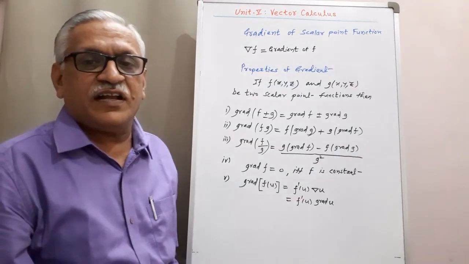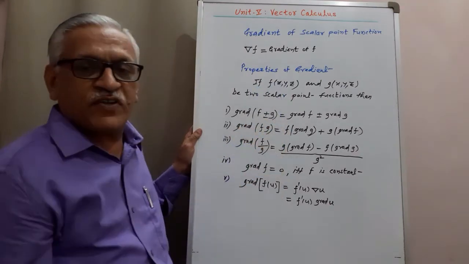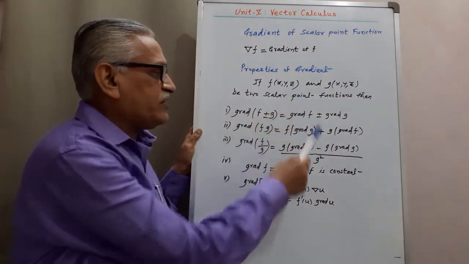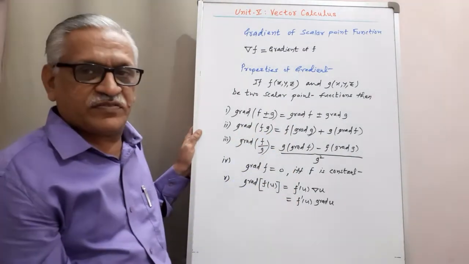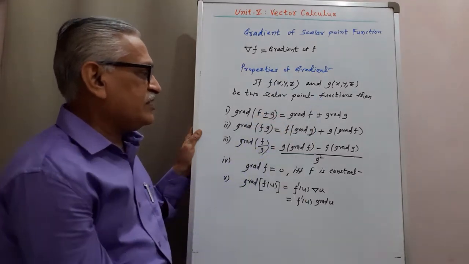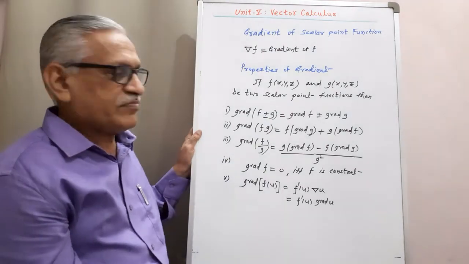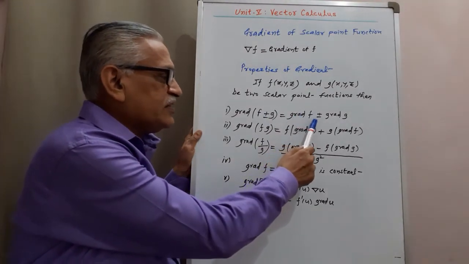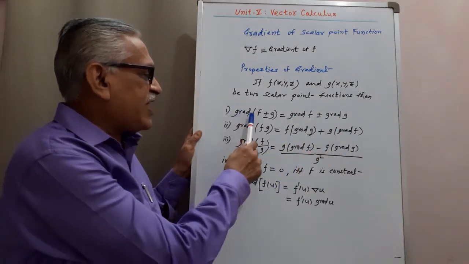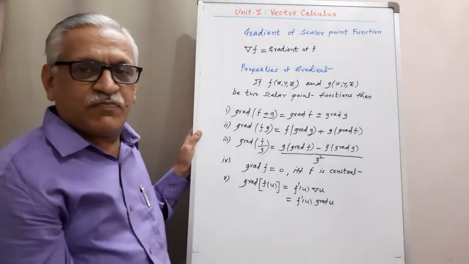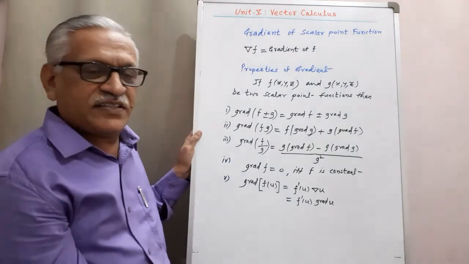Let us see some important properties of gradient. If f of x, y, z and g of x, y, z are two scalar point functions, then first rule, grad of the sum of two functions is the sum of grads. It is grad f plus grad g, and grad of the difference f minus g is grad f minus grad g.